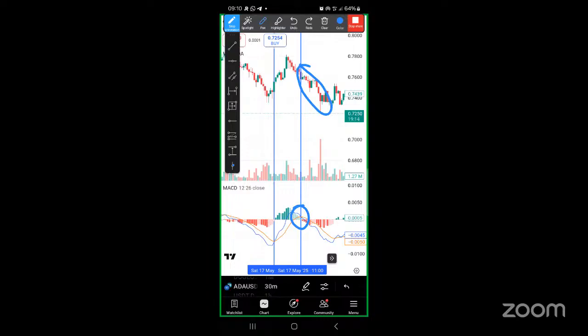So this is the simple information you need to understand about MACD. When the golden cross happens, you can enter the market. Some people will say, I'm trading with margin calls.